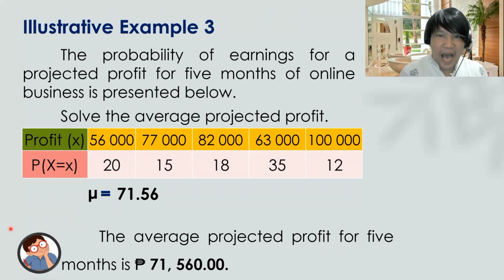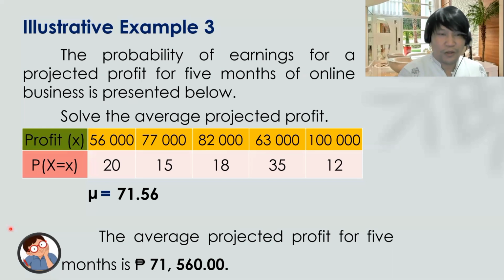Meaning to say, after the online business for 5 months, the average projected profit is equal to 71,560. Now, this is how we interpret the given result or the given mean or expected value of the given discrete random variable.